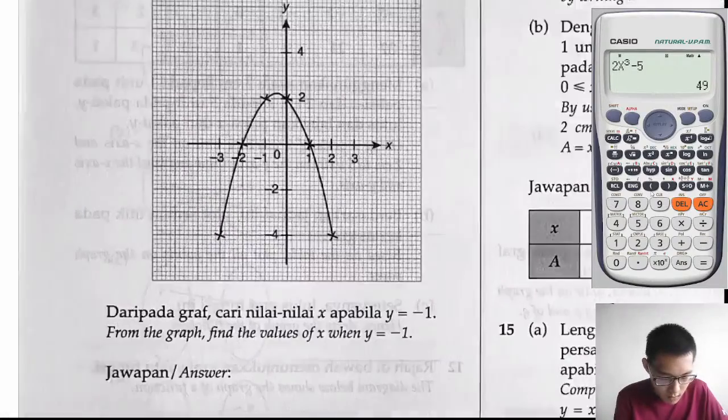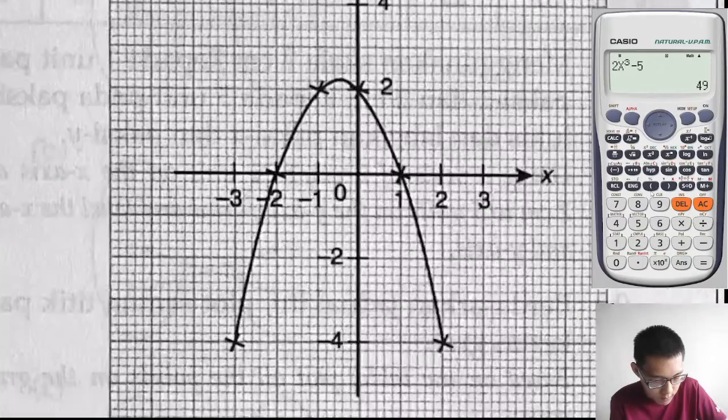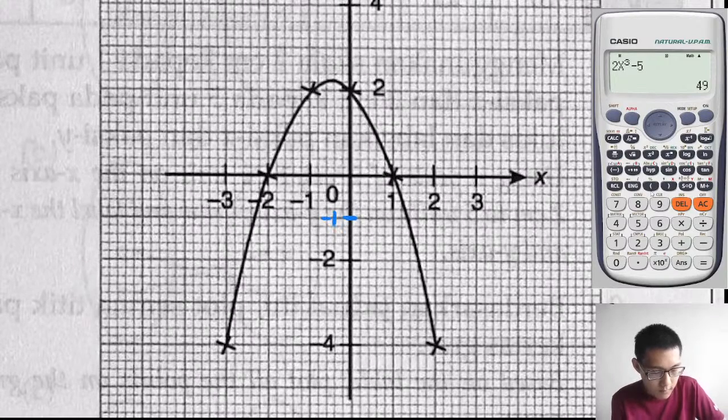Next, see this one also, when y equals negative 1. Negative 1 is here. Because the scale is negative 2, negative 4, negative 1 is the center. So let's draw the dotted line. It is quite near to here, quite near to this.